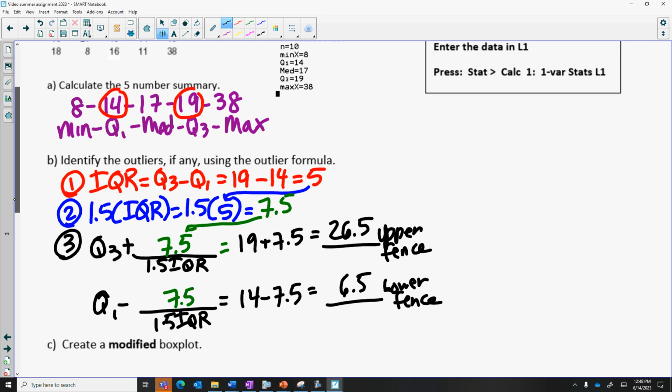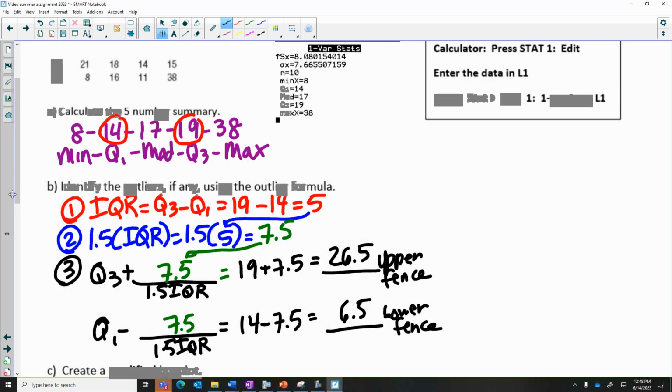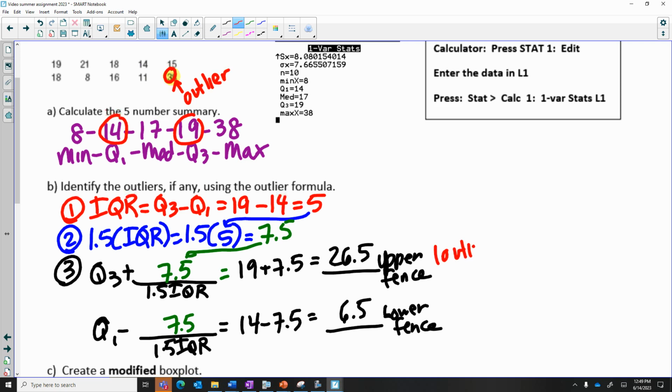Are there any numbers bigger than 26.5? Yes, I see one. 38 is indeed bigger than 26.5. So 38 is considered an outlier on the upper end. One outlier on the upper end, on the right side.